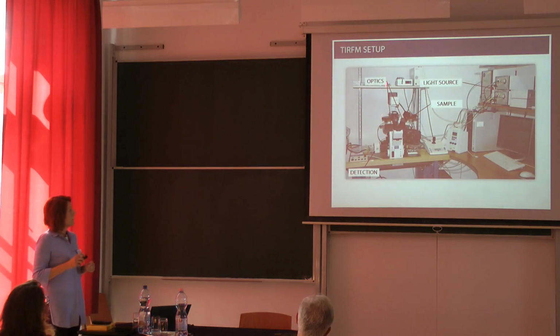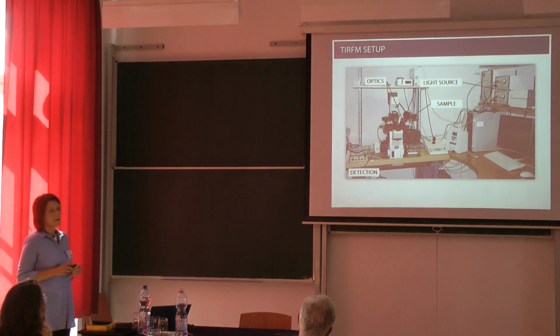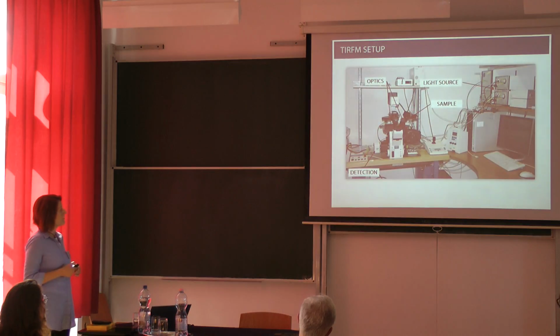This is the microscope system that we have at the University of Pécs. The microscope stand is from Olympus, an IX81, and as light sources we have two lasers, which are coupled to the stand via the rear port of the microscope.